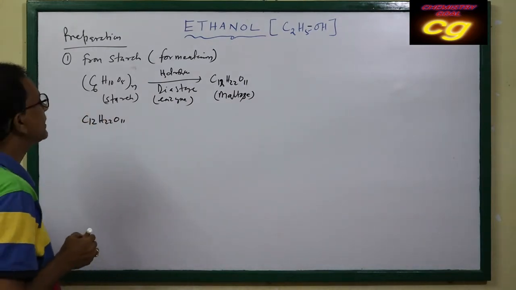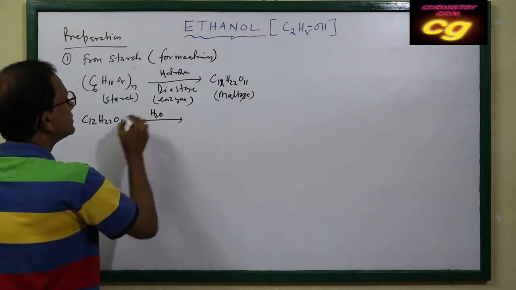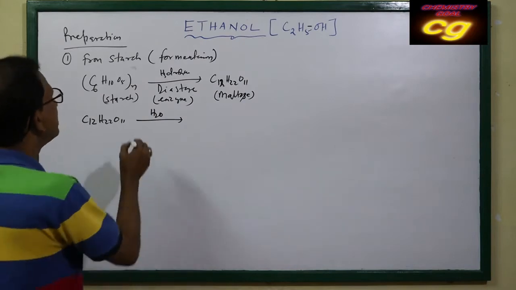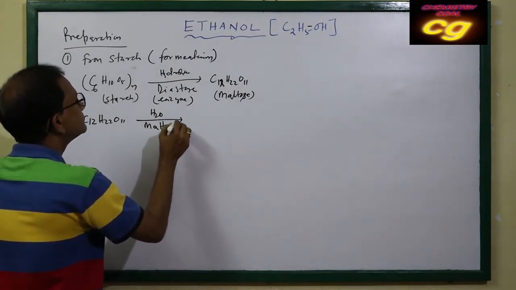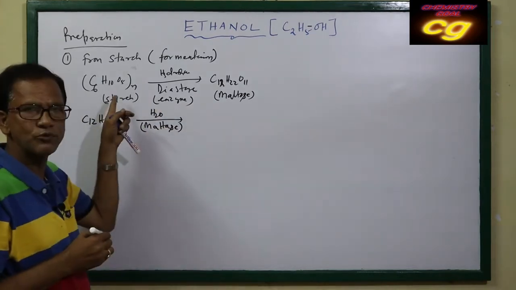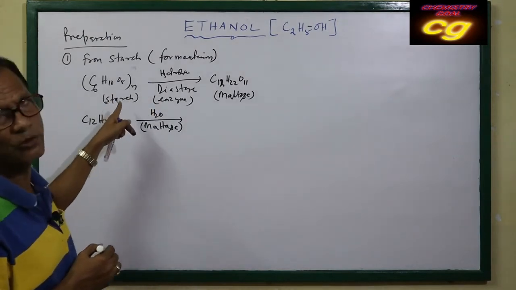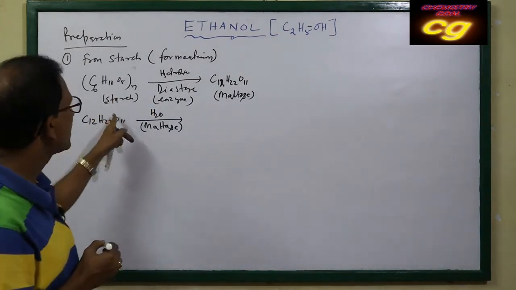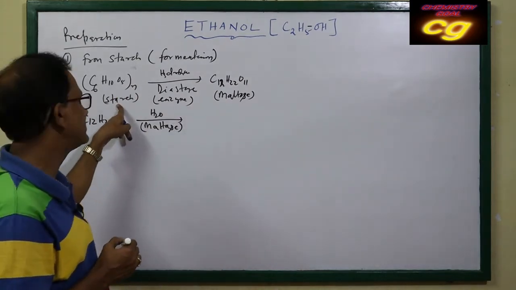Then next, the same maltose, C12H22O11, again hydrolyzes in presence of water by the enzyme maltase. Maltose is a disaccharide, starch is a polysaccharide.